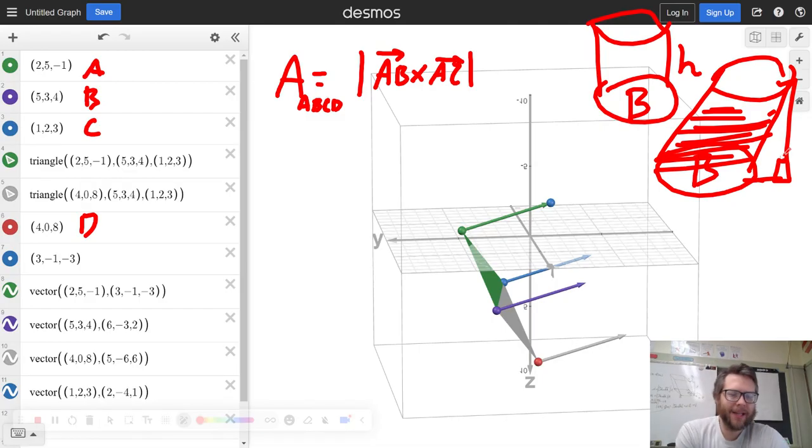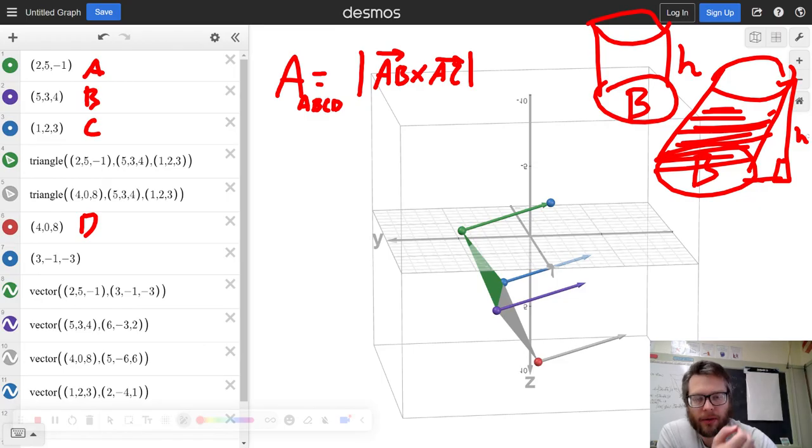Okay? Cavalieri's principle is the idea that even if you tilt it, as long as all of the stacks are the same size, you can just add up how many there are as long as you go perpendicular to the base. So the H needs to be perpendicular to the base.